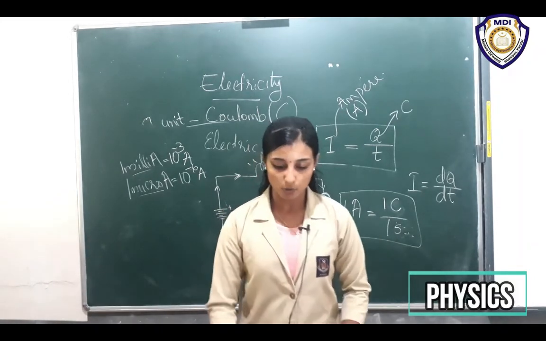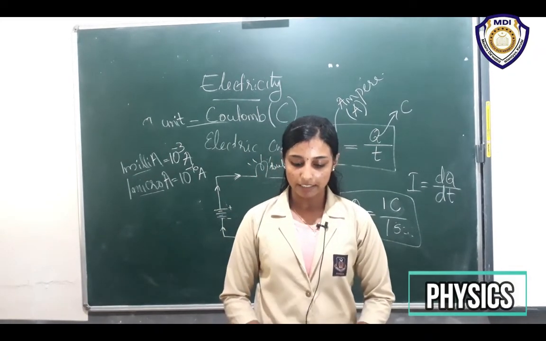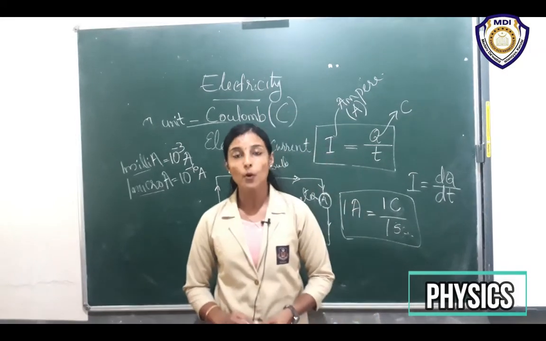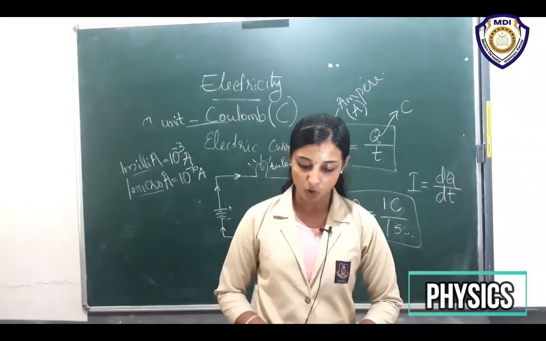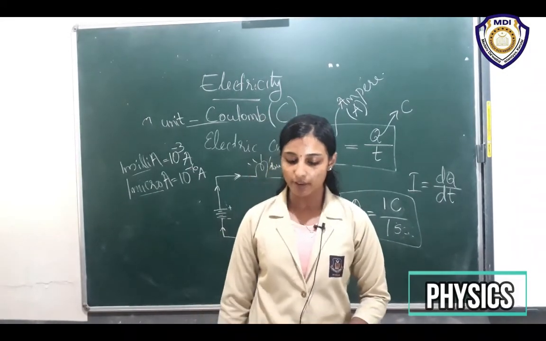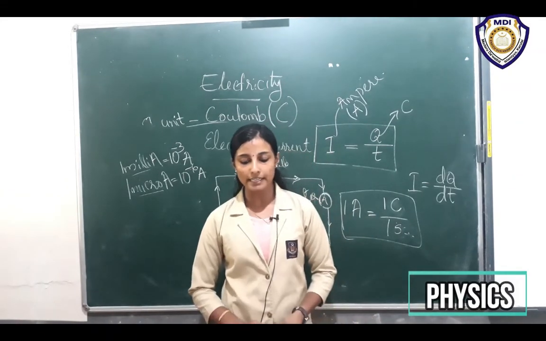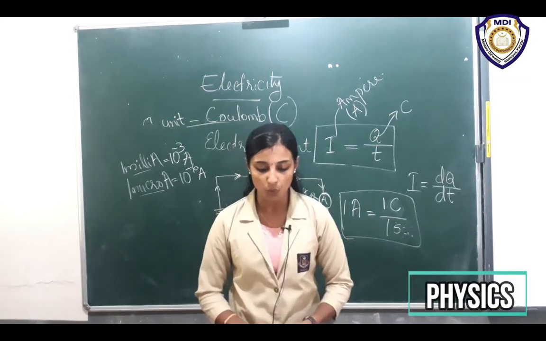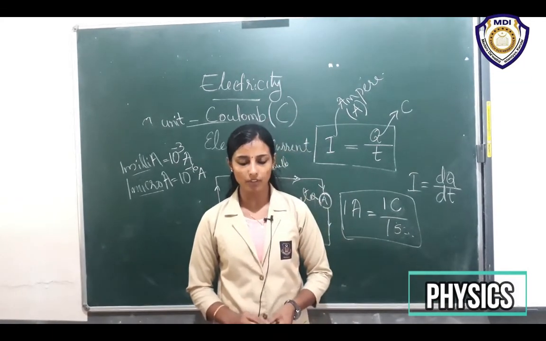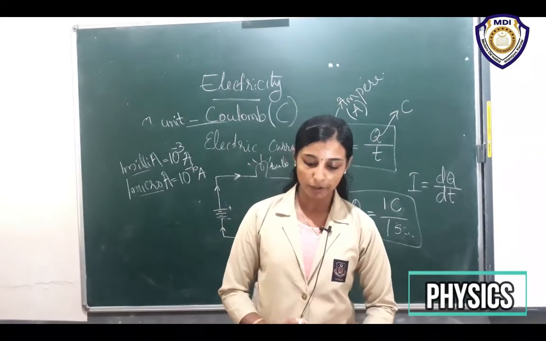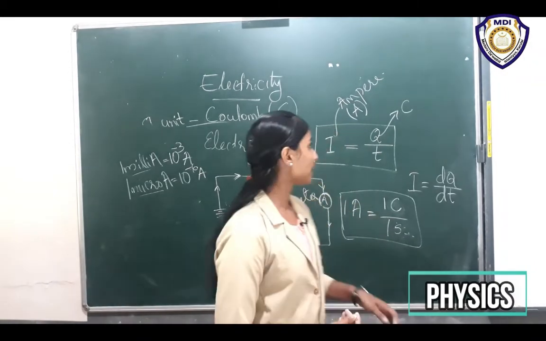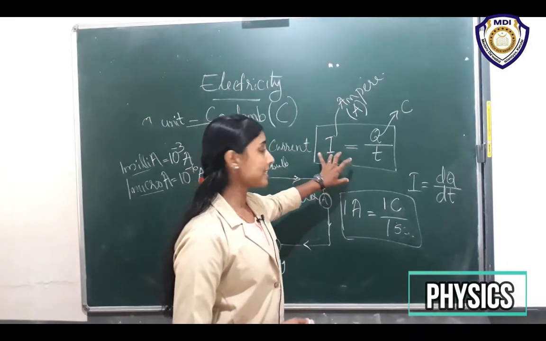You have an example given: a current of 0.5 ampere is drawn by a filament of an electric bulb for 10 minutes. Find the amount of electric charge that flows through the circuit. So what is the question? A current of 0.5 ampere, that means I is given.